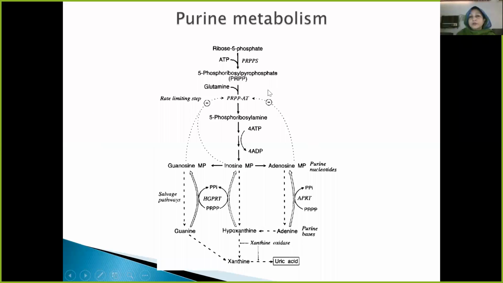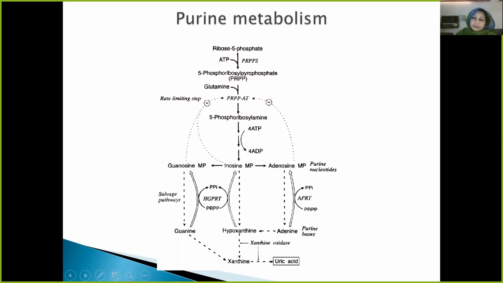Phosphoribosyl pyrophosphate, which comes from the ribose 5-phosphate pathway, along with glutamine in the presence of PRPP amidotransferase is converted into the purine nucleotides. These purine nucleotides are further converted into purine bases, which are then broken down into xanthine and uric acid, and then eliminated from the body.